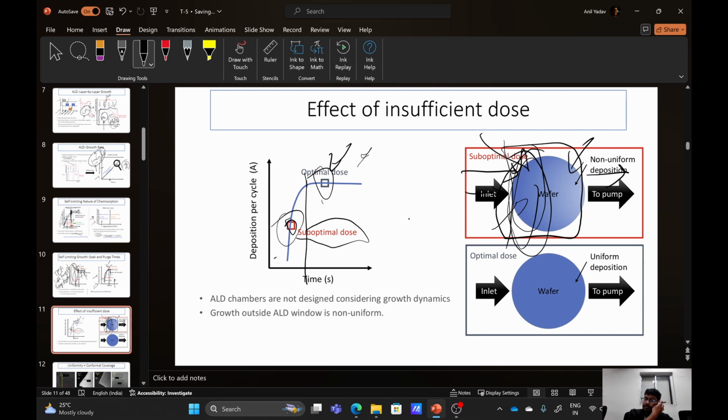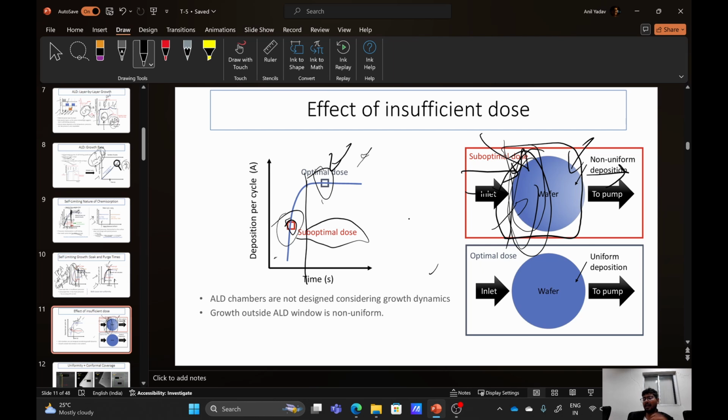So in any kind of chamber you can do that, and there is no requirement of a CVD-like chamber. In CVD you need to take care of a lot of things, like the precursor partial pressure. But this is a very easy kind of tool.